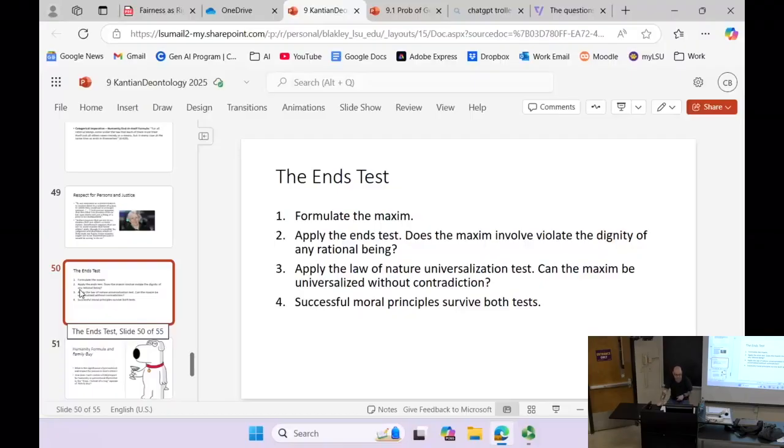Then apply the universalizability test: can the maxim be universalized without contradiction? Successful moral principles have got to survive both tests. So no contradictions, formal or contradictions of the will, and it can't use anybody as a mere means. Another rational being is a mere means.